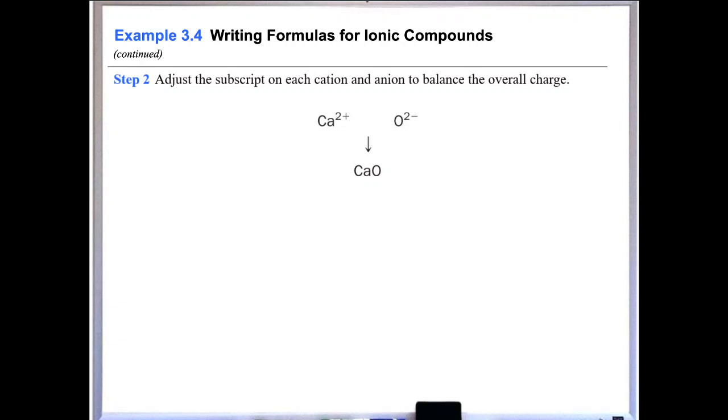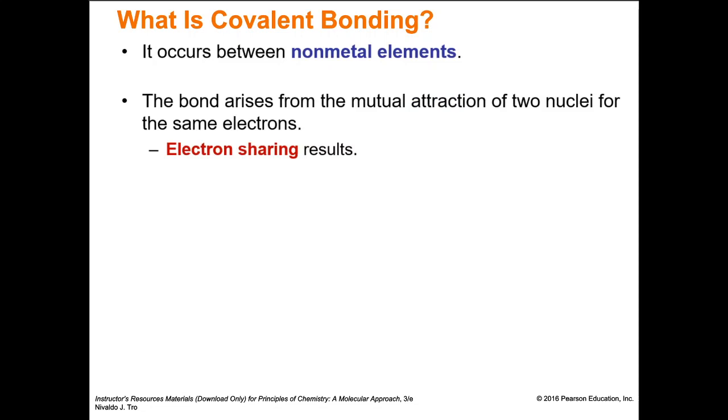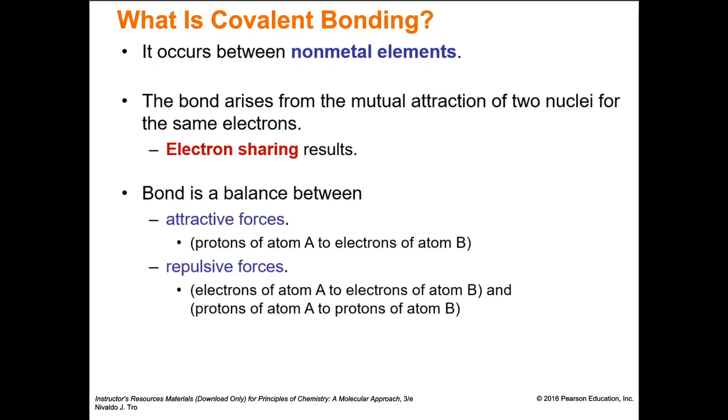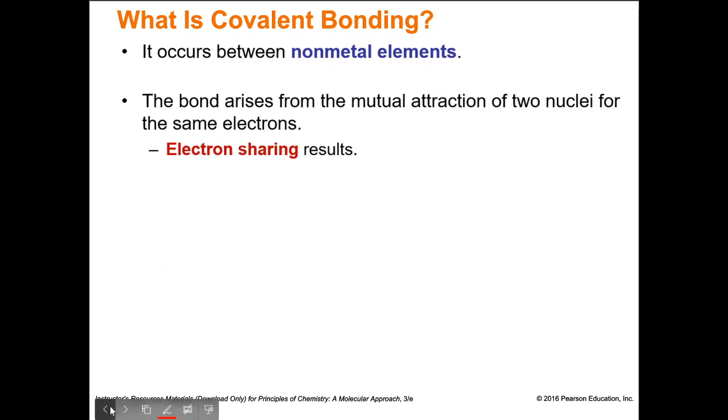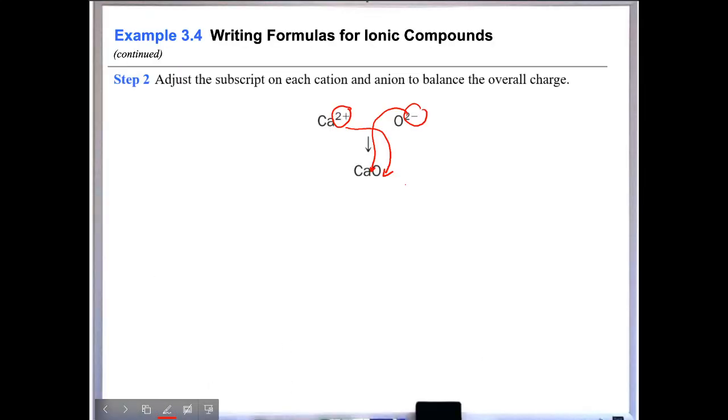If I know the charges, this one will go here and this one will go here. So what you end up with, if you just copy the numbers down, is this.